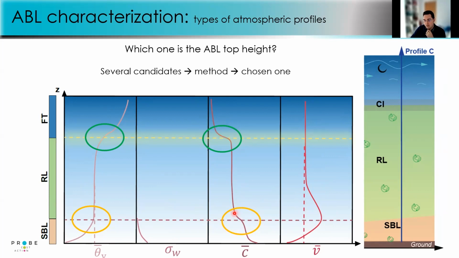For example, here we have this change because of the interface between the stable boundary layer and the residual layer, and we have also this change from the residual layer to the free troposphere. So now the question is not where is the ABL top height, but which one is the top height. So we have several candidates, and then we need a method to choose which one is the ABL top height.